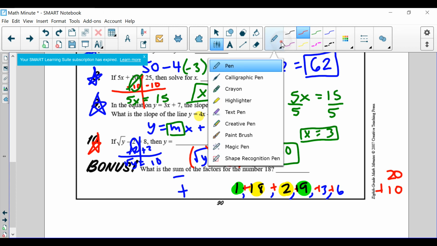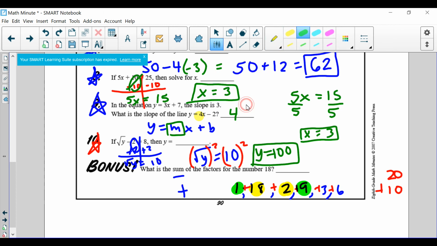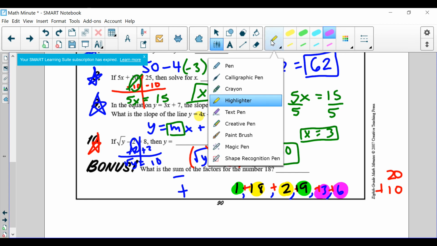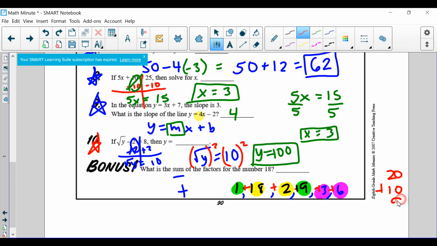And then lastly, you're going to notice we've also got 3 and 6, which adds to 9. I don't even really need to do so much work here because we know 20 and 10 add to 30 plus another 9 is 39. So our answer is 39 for the bonus question.